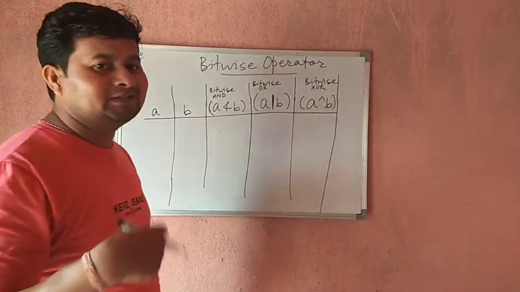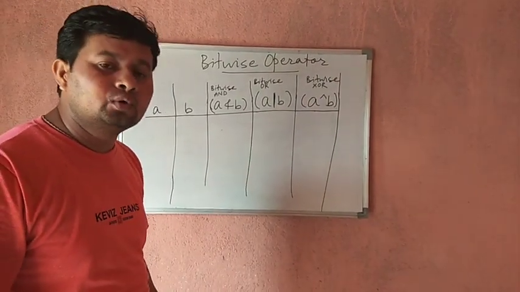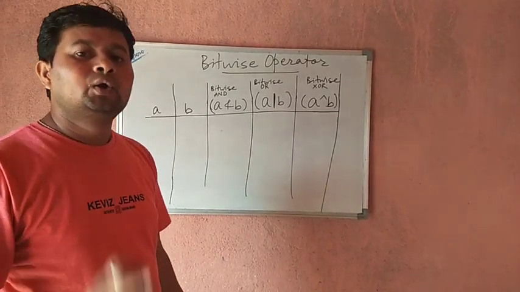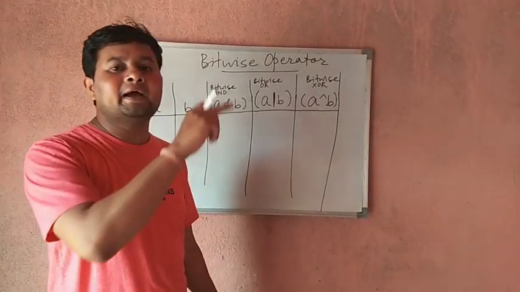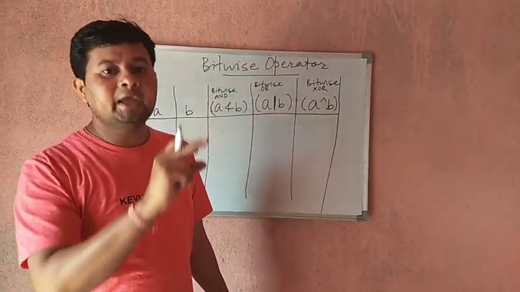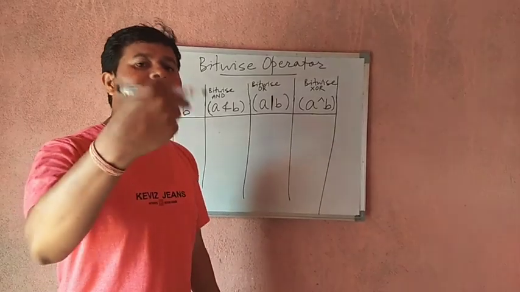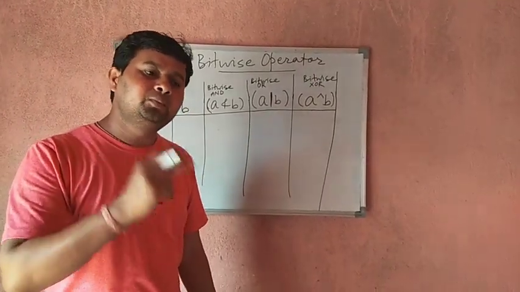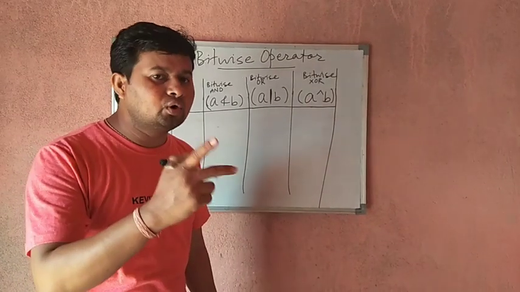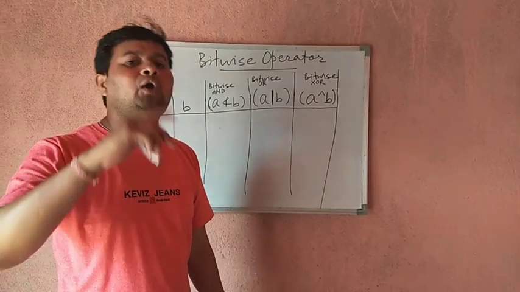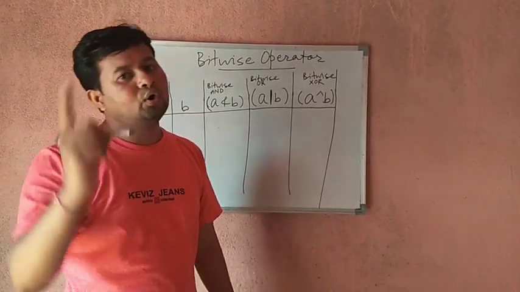Now let's see how we will draw a truth table. A truth table is simply a combination of truth values, the input and, based on that, the output values. Input will be 0 or 1, and output will be either 0 or 1.